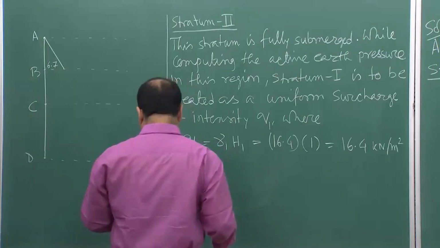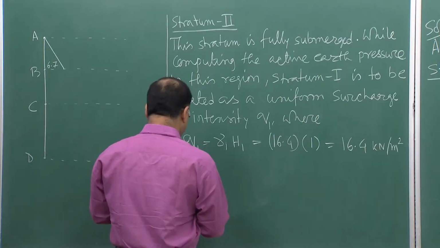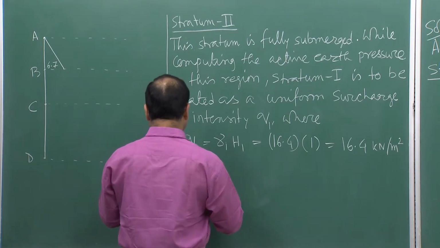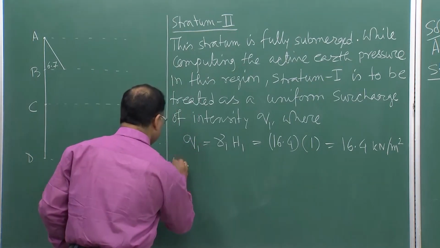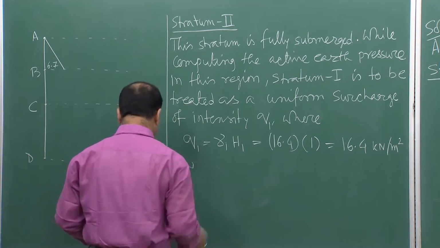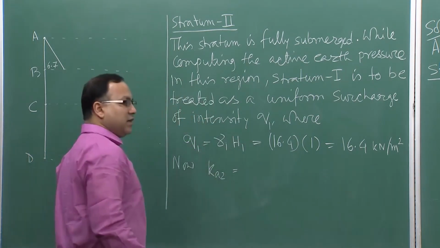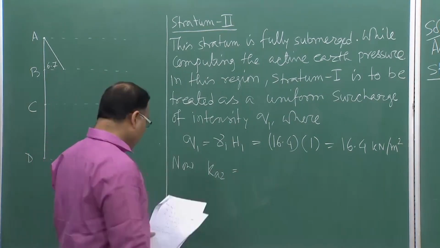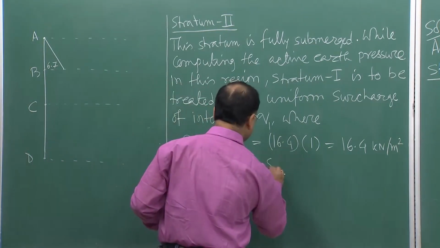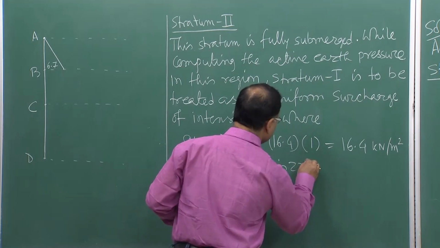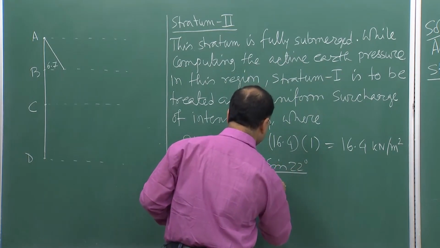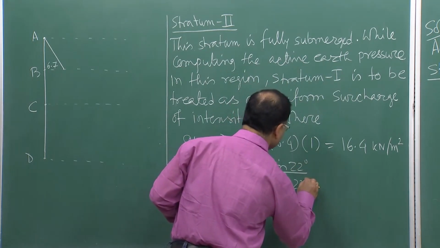Okay. So, now I can find out other parameters like Ka2, the active earth pressure coefficient for stratum 2, which is 1 minus sin 22 degree by 1 plus sin 22 degree.